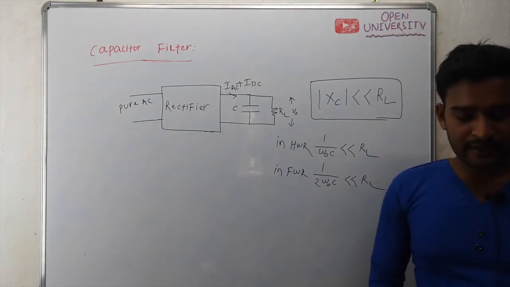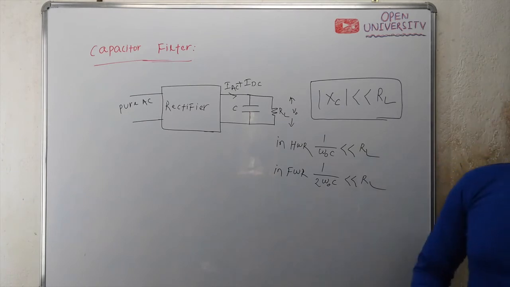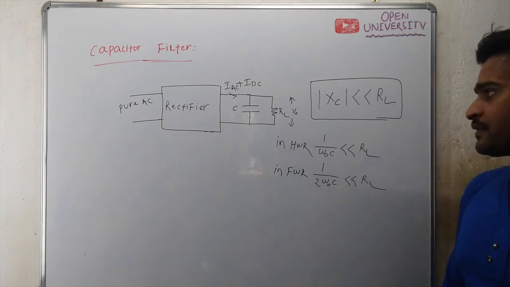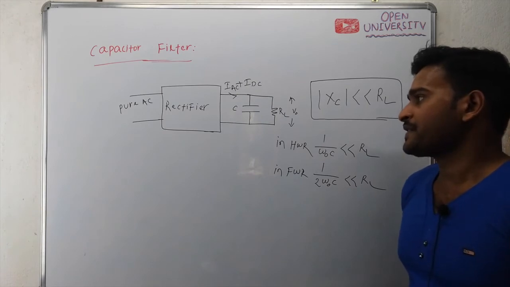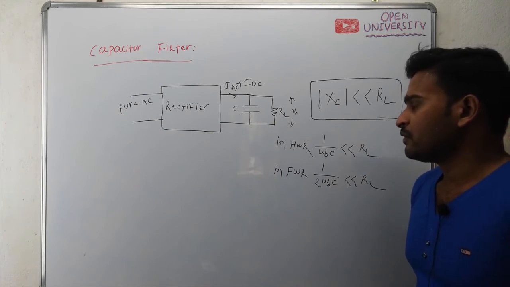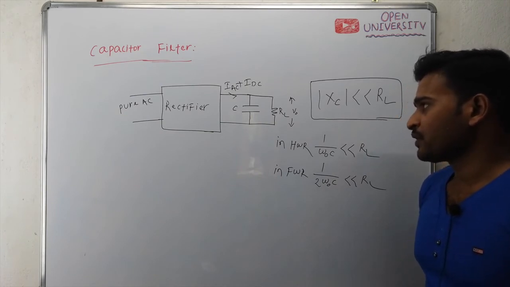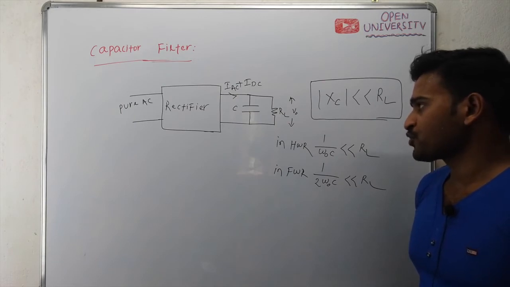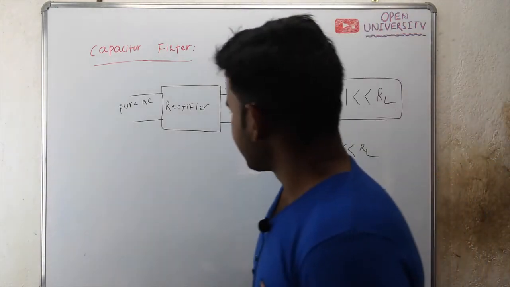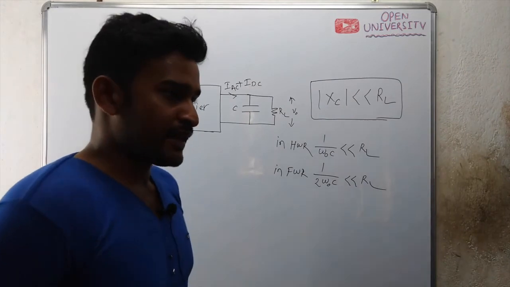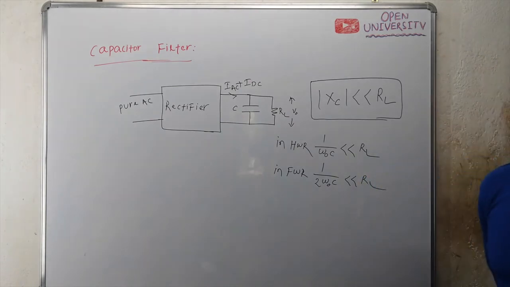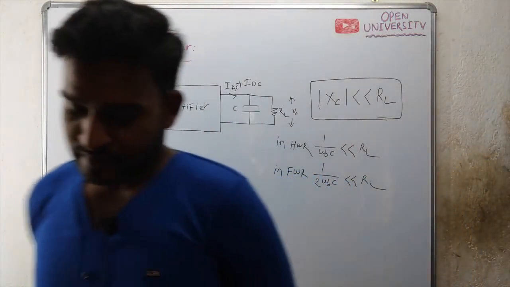Take the point: AC component IAC will flow almost entirely through the capacitor because its reactance is much smaller than RL.